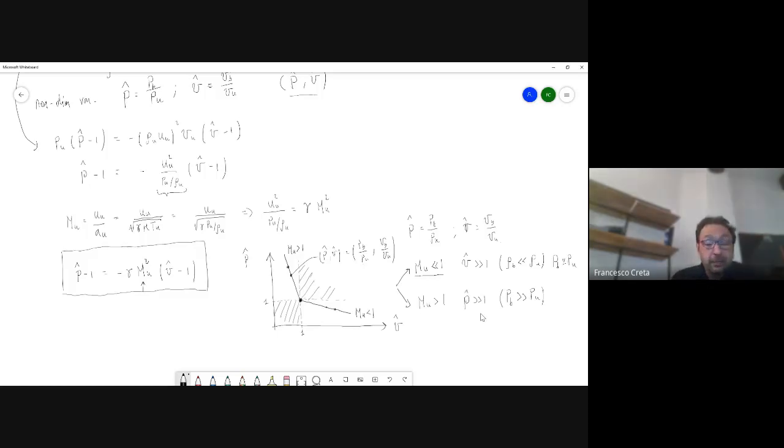On the other hand, the density can increase, obviously, like this, but the dominating aspect is this, whereas for deflagration, the dominating aspect is this. So these will be the characteristics of detonations, and these will be the characteristics of deflagrations.